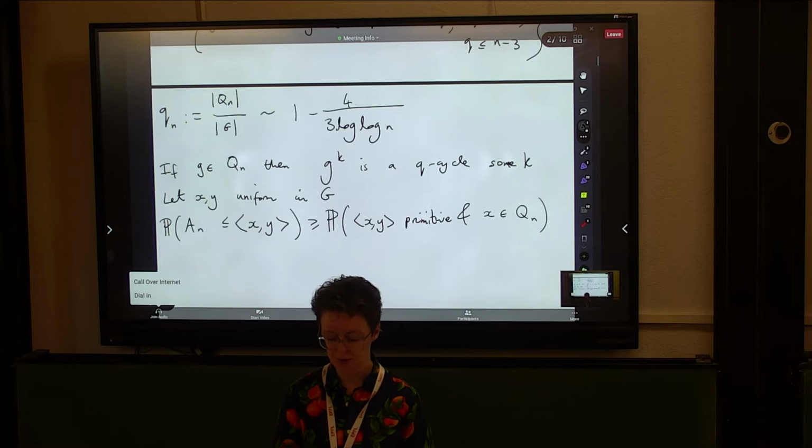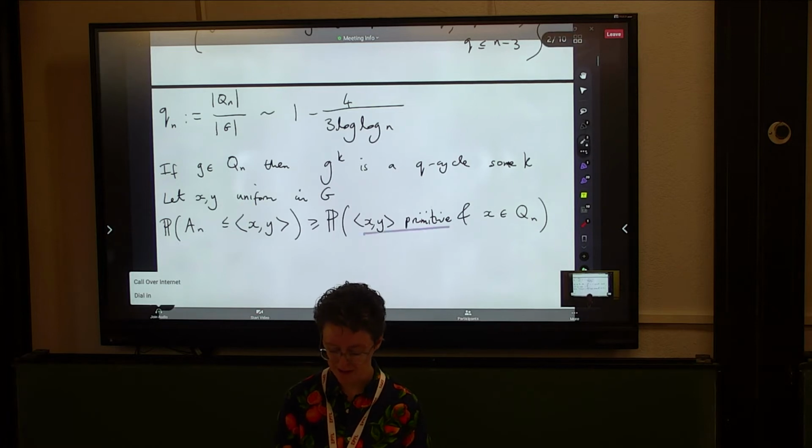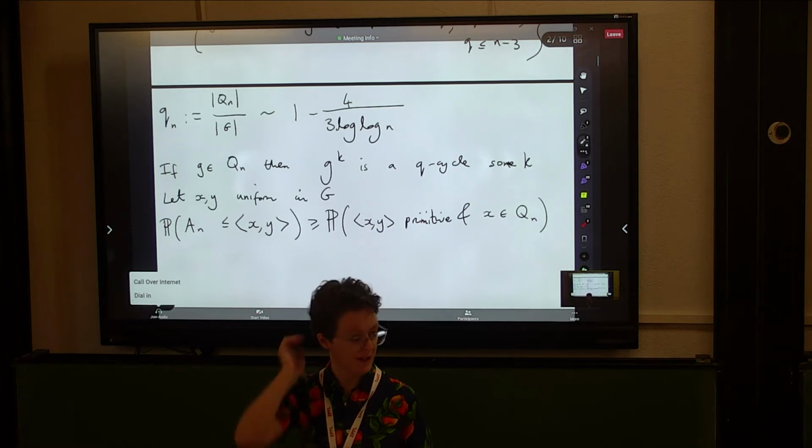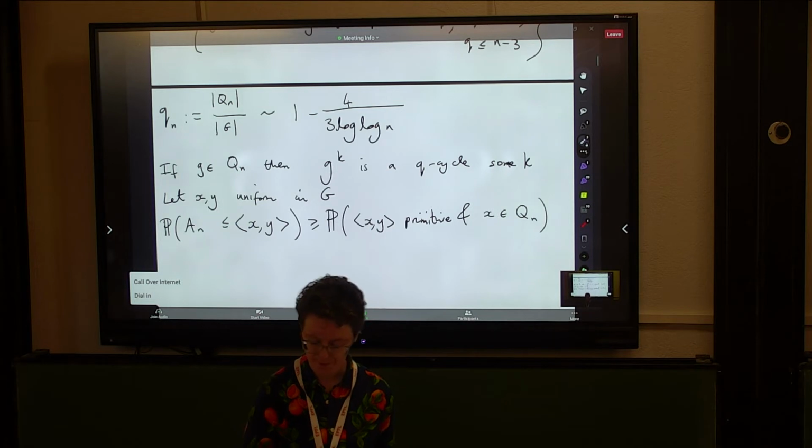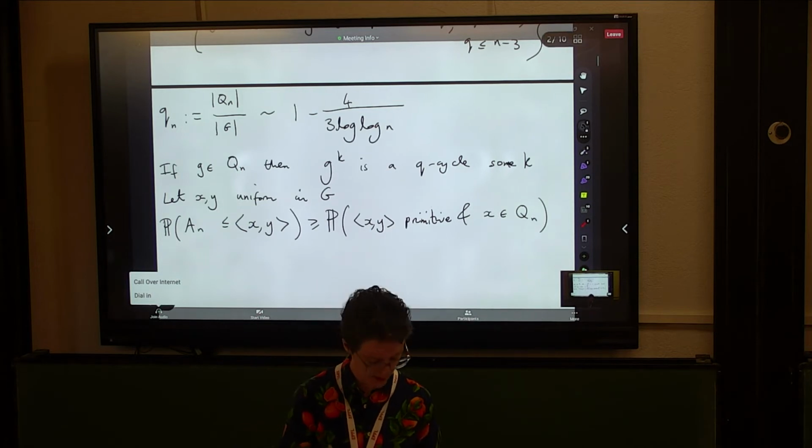Okay, you will notice that these two events here are probably not independent. However, they're both almost everything, so their intersection is also almost everything. So this tends to 1 as n goes to infinity.